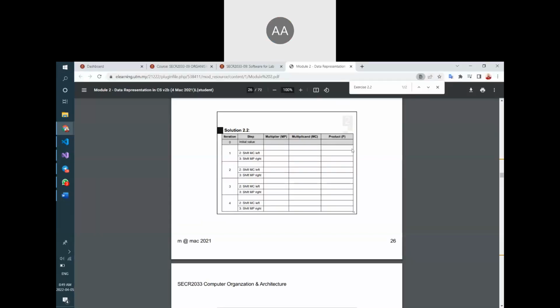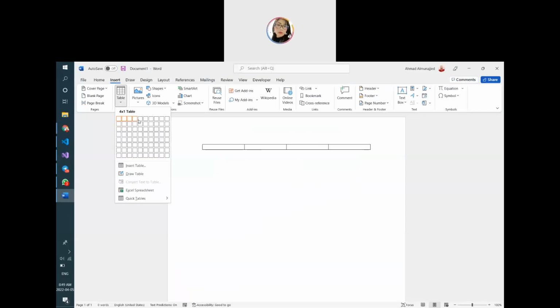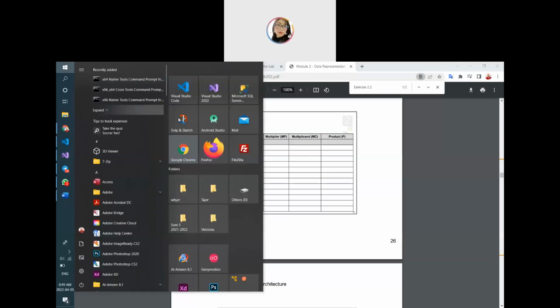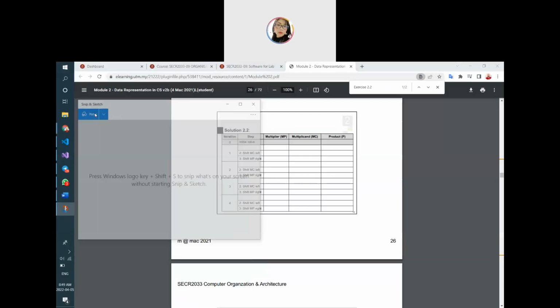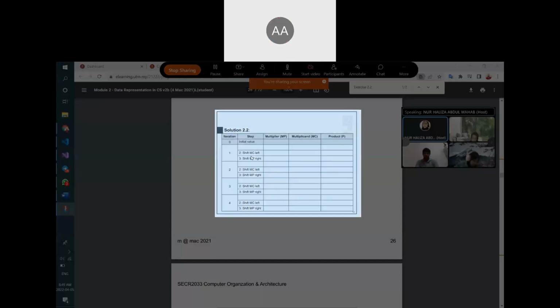Okay, we need 5 columns. You just screenshot the picture, later on you use the draw option in Word, and then paste it into your Word.